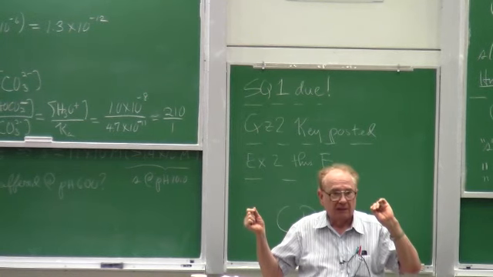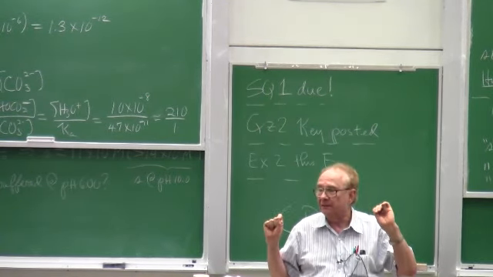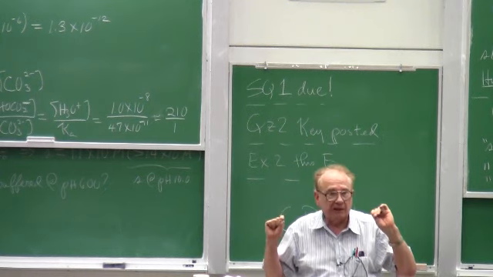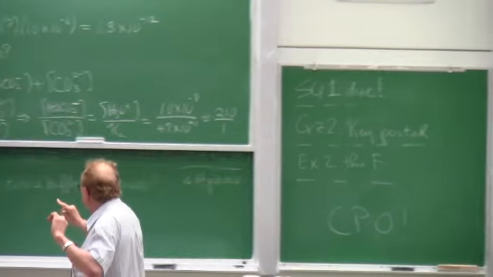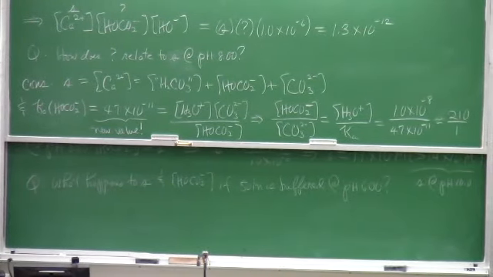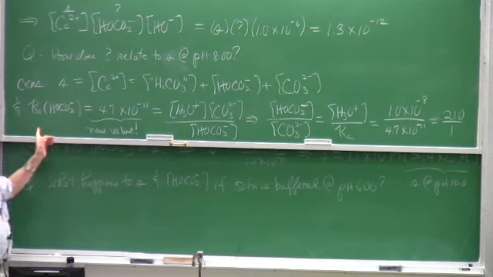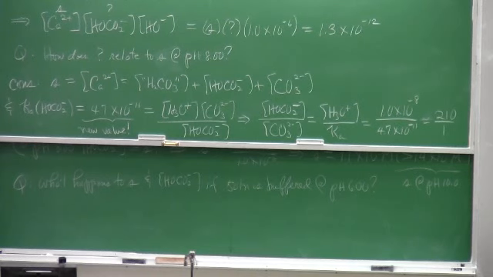Now, to relate hydrogen carbonate to carbonate, what are the equilibrium reactions I can use? On the board, I have used Ka hydrogen carbonate. Right? Ka hydrogen carbonate plus water, double arrows, hydronium ion, and carbonate ion.